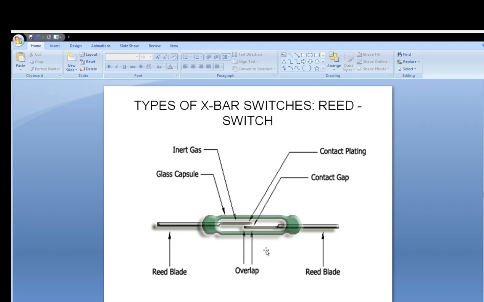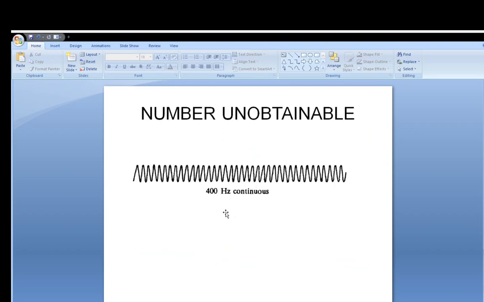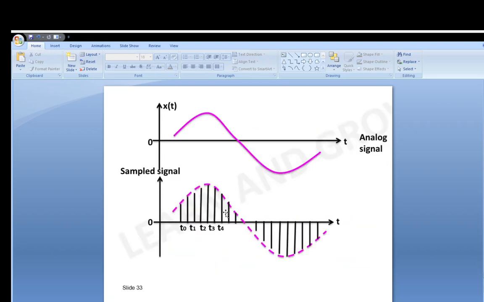That means the student or learner or viewer should know the difference between analog and digital. Keeping this in mind, I am going to proceed with the discussion on analog and digital signals, discrete signals, and so many things we have to discuss. So let's have a short discussion on analog and digital signals.